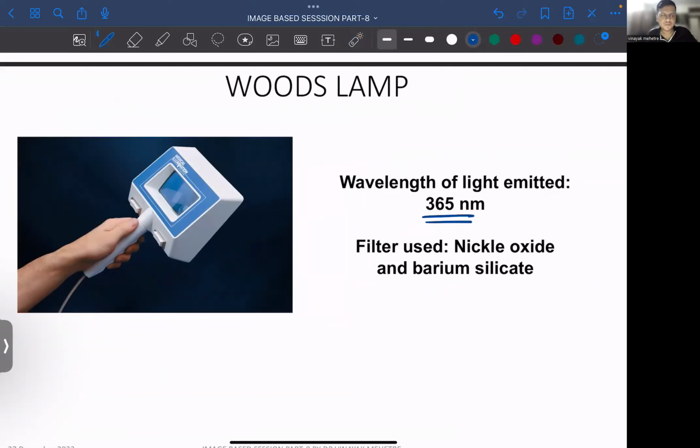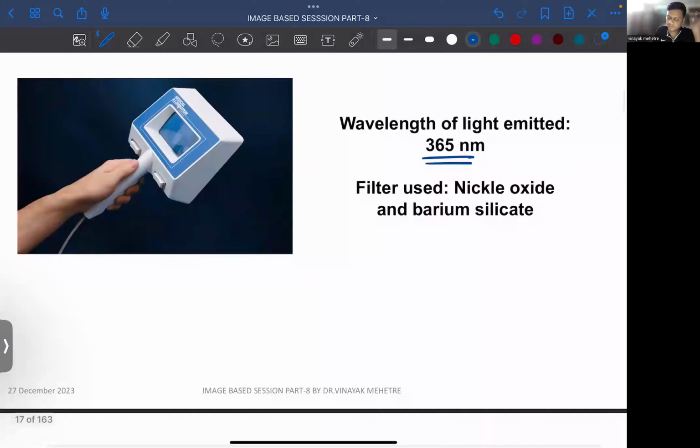That is 365 nanometer, right? And the filter present is nickel oxide and barium silicate. You can remember by the mnemonic. Now only black shine, right? You love black, so it will shine.